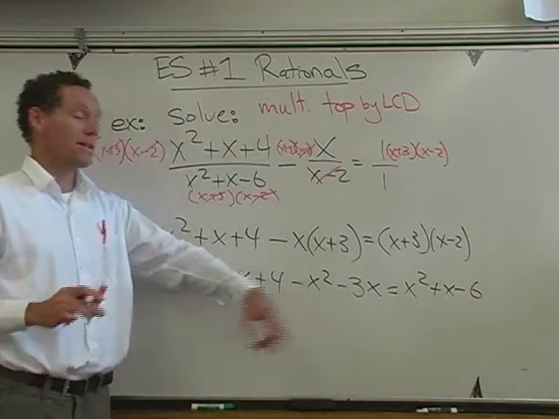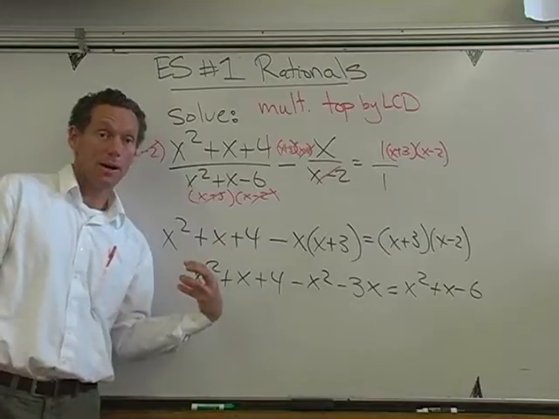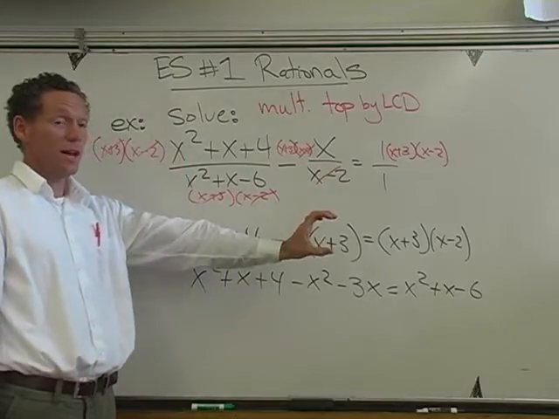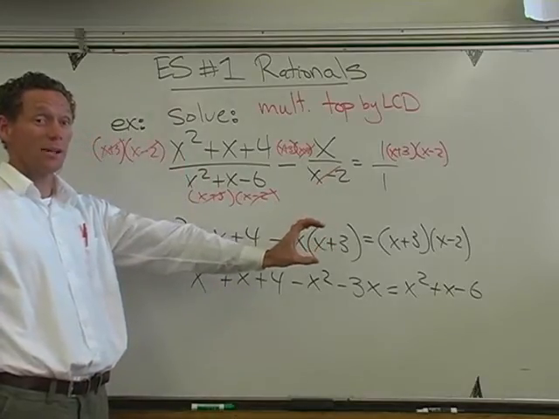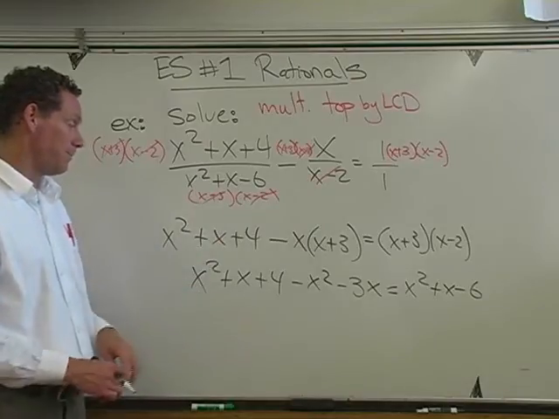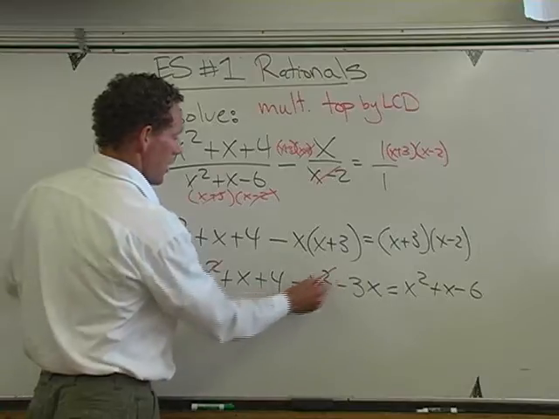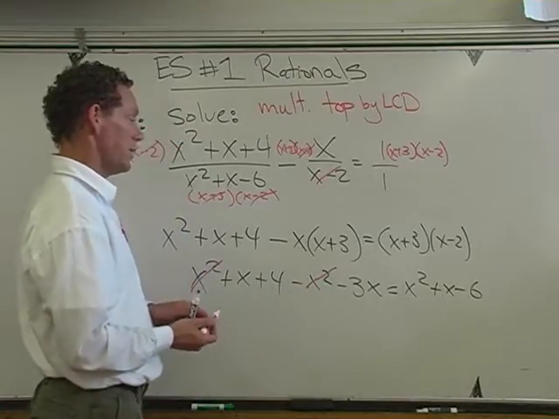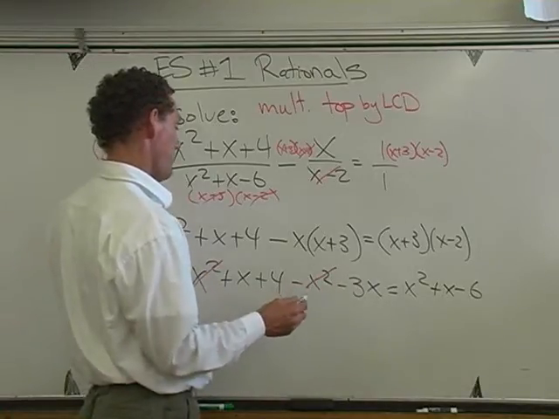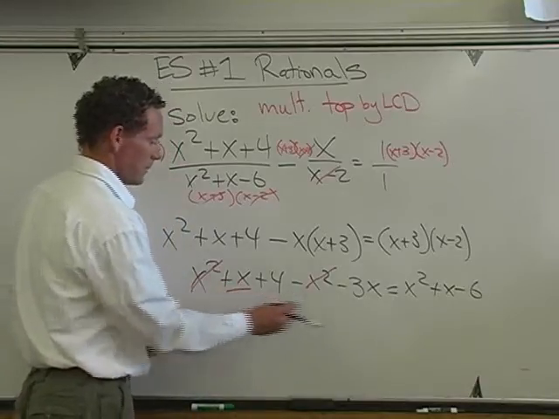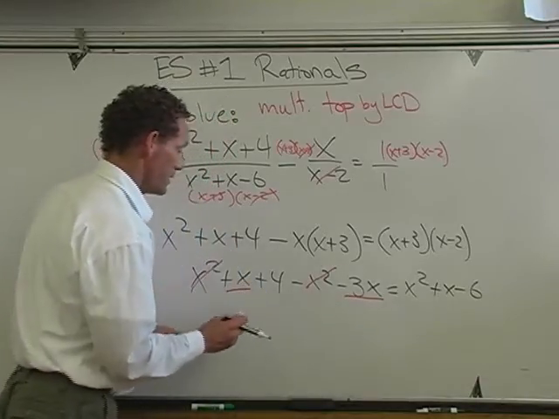And you see the x squareds, you know you want to get everything on one side, 0 on the other side, and we're going to try to solve by factoring because this is a quadratic. So the x squareds disappear, and maybe I'll combine like terms, plus x and minus 3x.